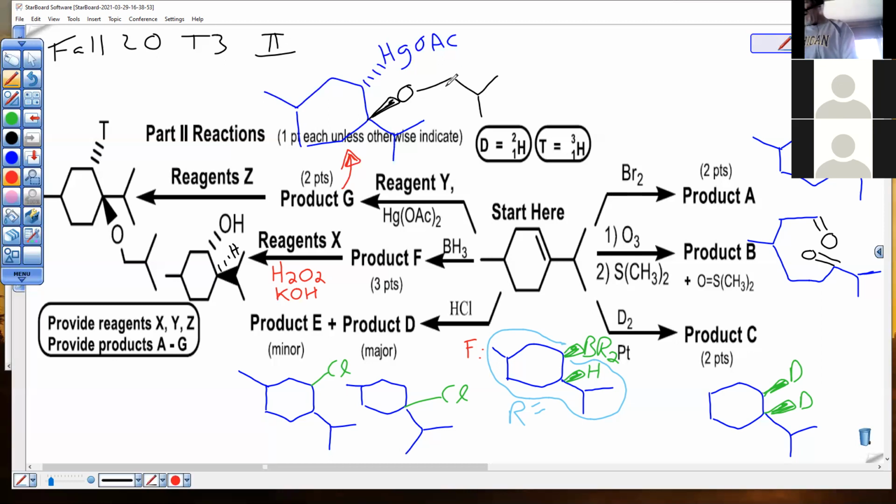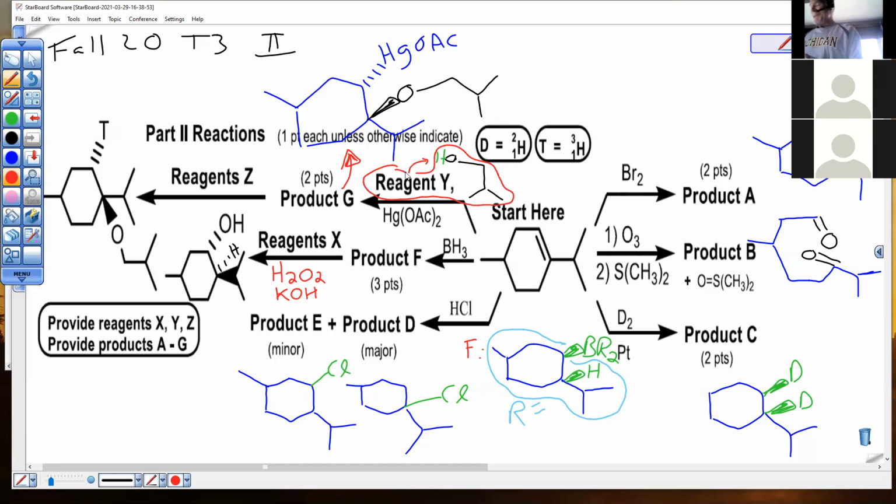So reagent Y has O-isobutyl, and it lost its H to the acetate ion. So isobutanol was used instead of water. You got exactly the same result.